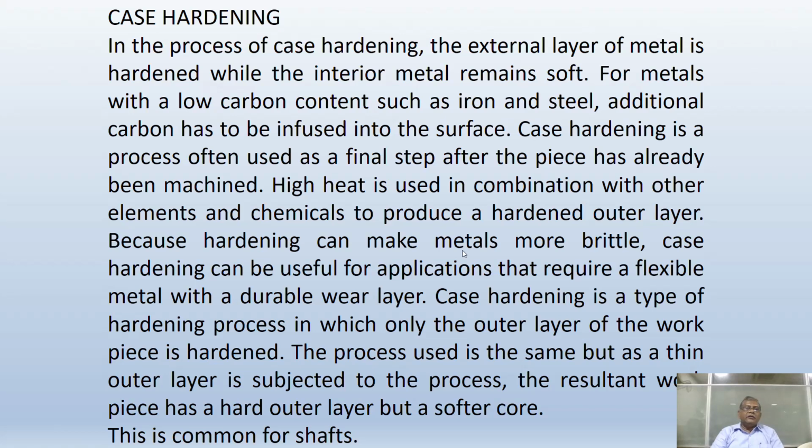Case hardening. There are a few applications like a gear where you have a harder surface but a soft core. In those areas we do this case hardening process to improve the life of the particular component.